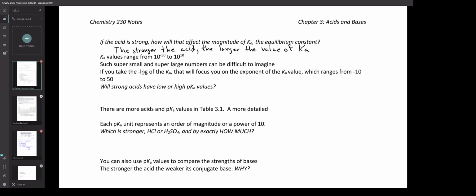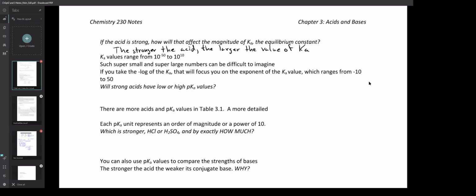If you remember pH and pKa, P means negative log base 10. So if we go ahead and deal with these, the pKa values will range from negative 10 to 50. Since a P means you put a negative sign in the front here, it's going to flip the way this goes.